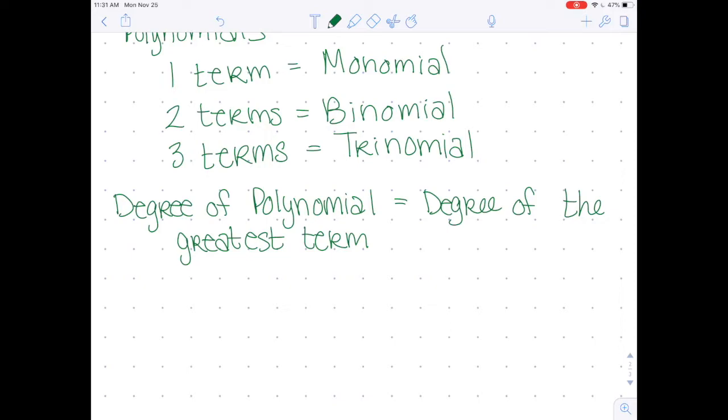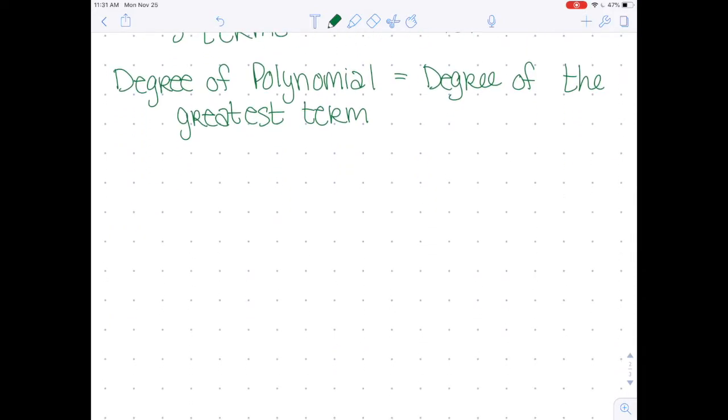A couple other things we need to talk about with polynomials. There's a thing called a leading coefficient. Now, we've talked about coefficients in the past. Coefficients are just the numbers that go in front of the variables, so like 3x, 3 is the coefficient. The leading coefficient for a polynomial is the coefficient of the term with the greatest degree. So you find the degree, and then that coefficient is the leading coefficient. So let's write this down.